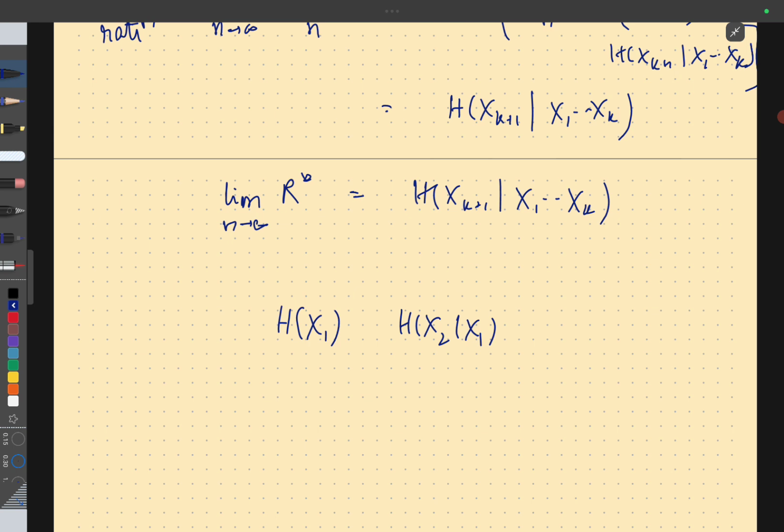So what can you say about H of x1 versus H of x2 given x1? Would you expect one to be bigger than the other, smaller than the other, or you can't say anything? Assuming that it's a stationary source. So by definition, what is a stationary source?